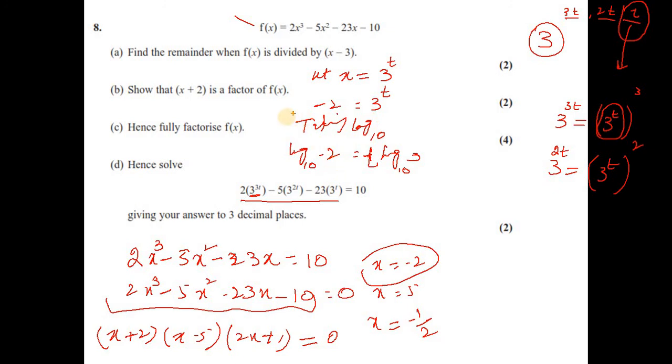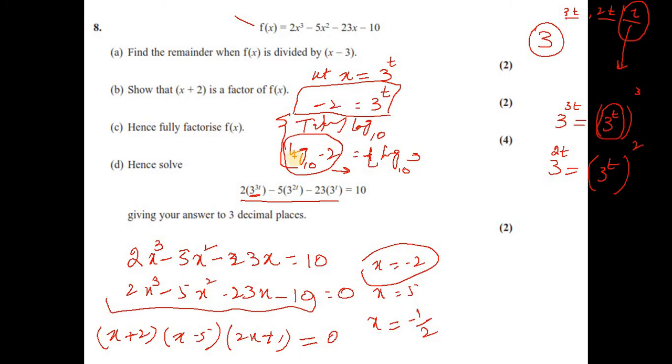I did these two steps just for your understanding, because as soon as you write minus 2 equal to 3 to the power t, you can stop here, because you know that we cannot calculate log of a negative number. If you use your calculator and try to find log of minus 2, your calculator will give you a syntax error or math error.